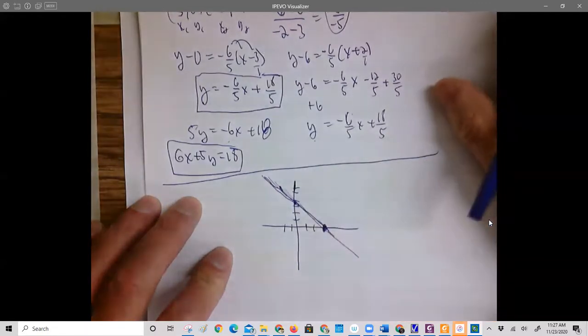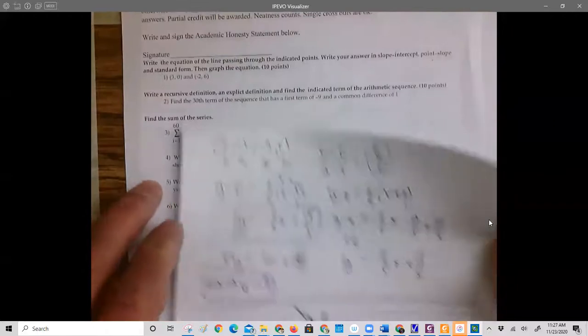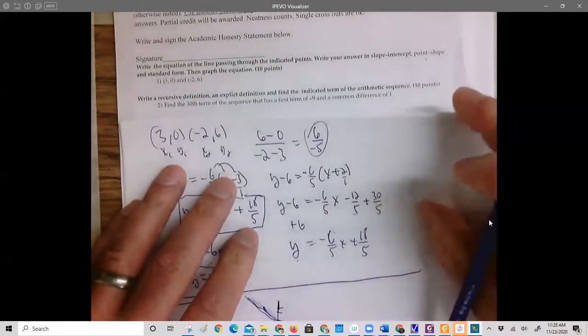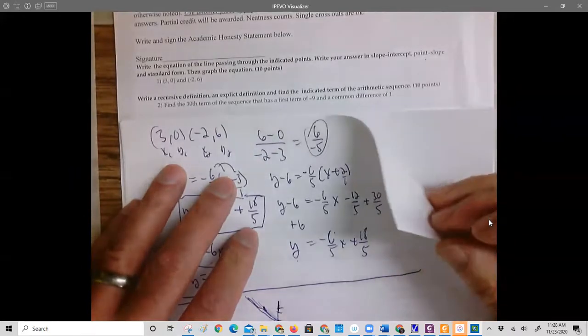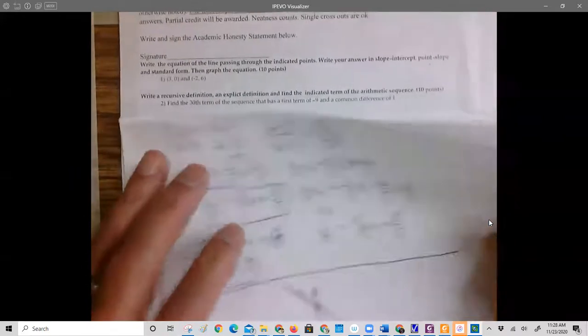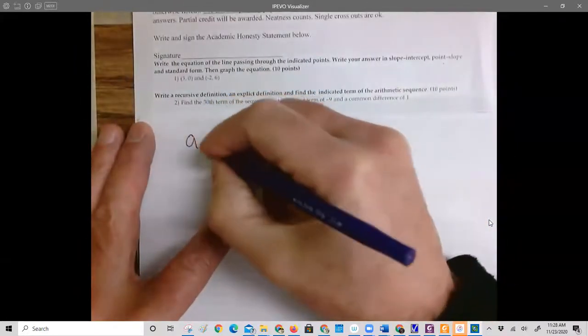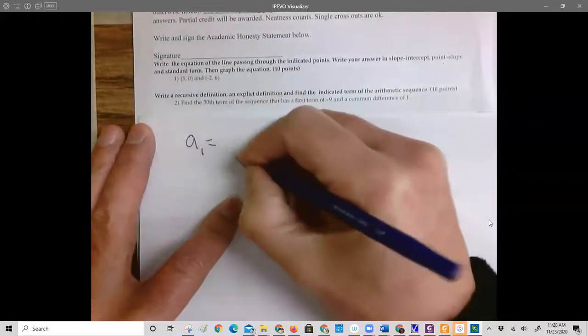Okay, so there's that. Next question is a whole bunch of series and sequence work. And what you've got to remember out of that is from the work we did way back in the early part of the year, we've got a recursive definition where a sub 1 is your first term.